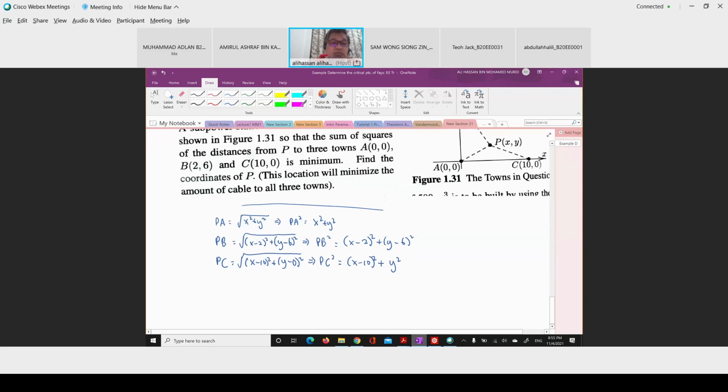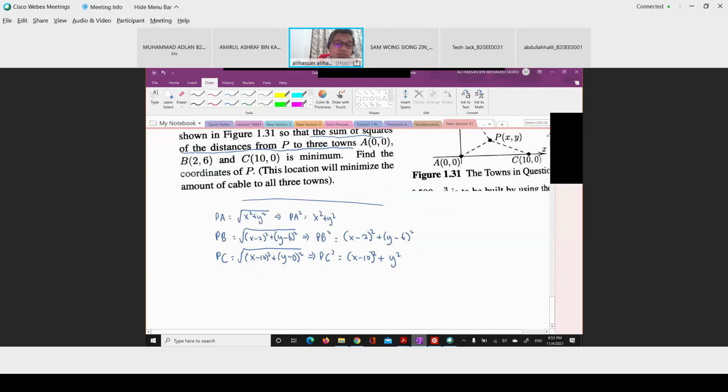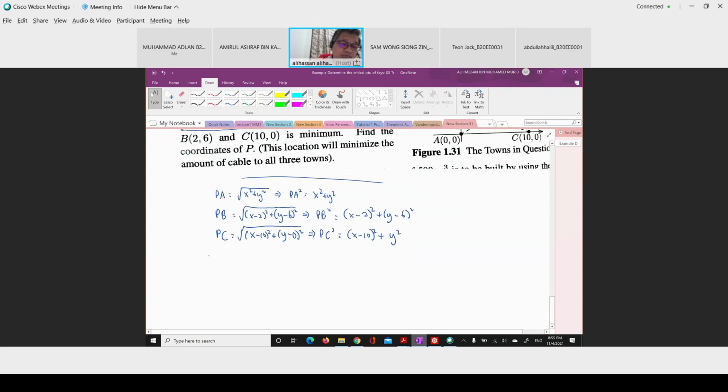Okay. Now we want to minimize the sum of squares of the distances from P to the three towns. So let's denote the function f(x, y) as the sum of squares. That means PA squared plus PB squared plus PC squared.